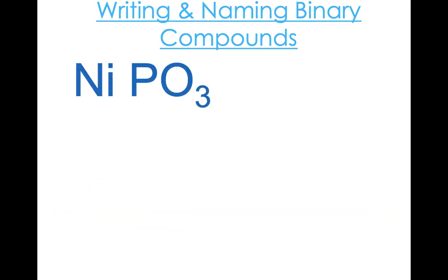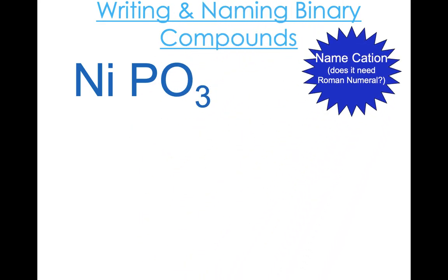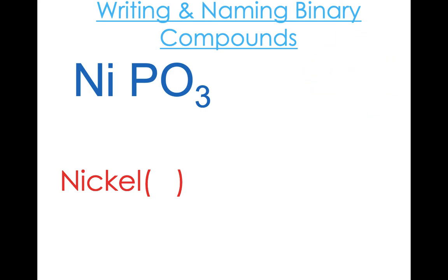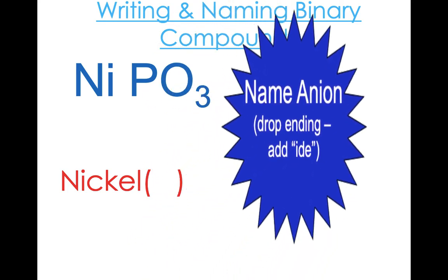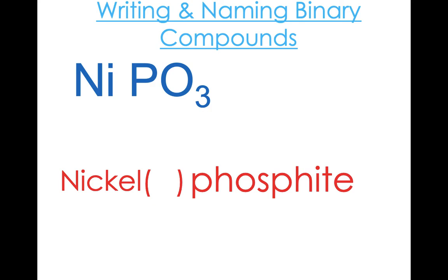Our last example is NiPO3. Again, we already know that nickel does deserve a Roman numeral from the last example. So we're going to leave that space inside the parentheses for a Roman numeral. We are still using a PO3 ion, which is the phosphite ion. We're going to name that as phosphite.